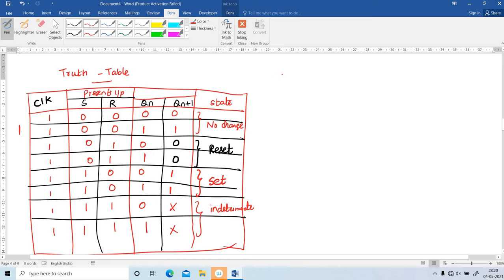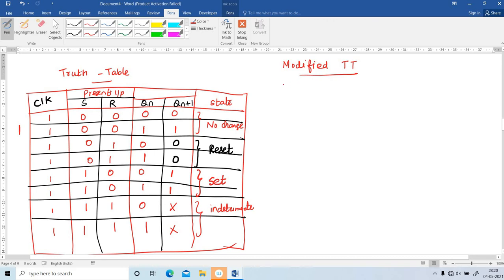Next I am going to explain how to draw the modified truth table. Our main aim is to draw the excitation table. So once we draw the modified truth table, then only we can draw the excitation table. So first of all, I am going to explain how to draw the modified truth table.